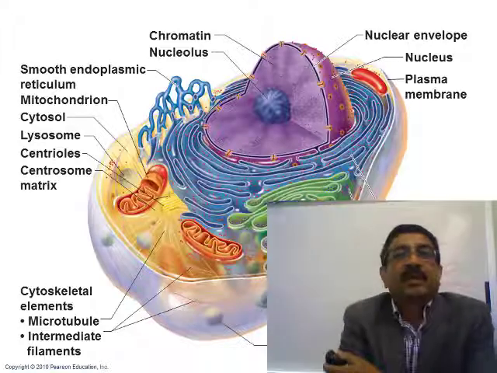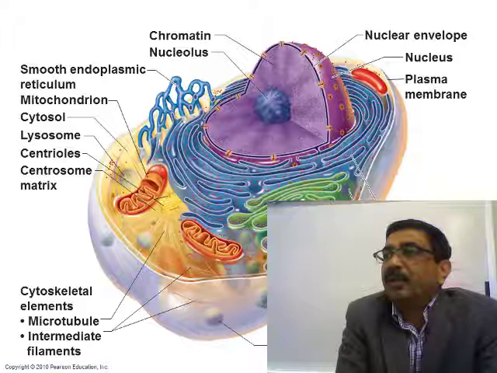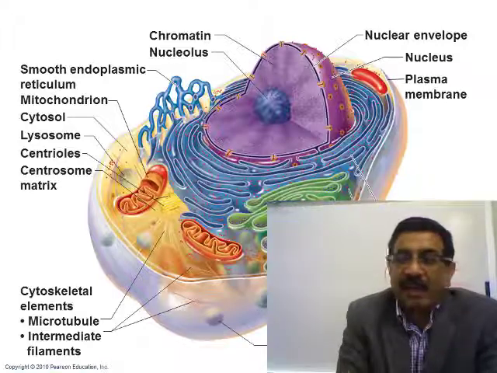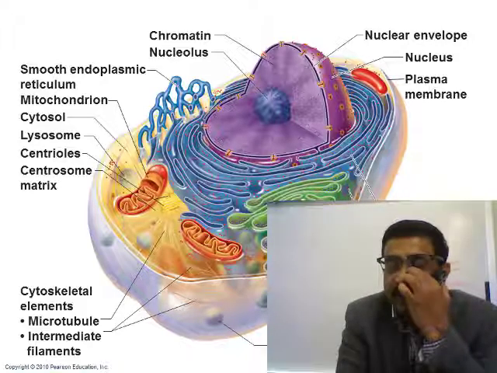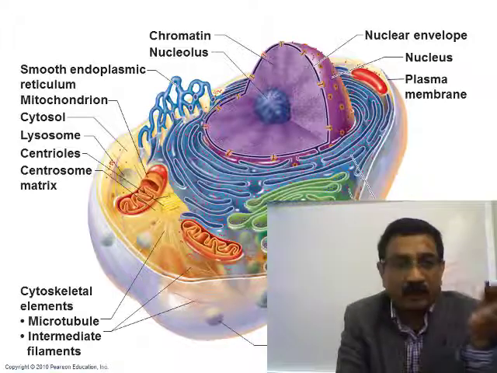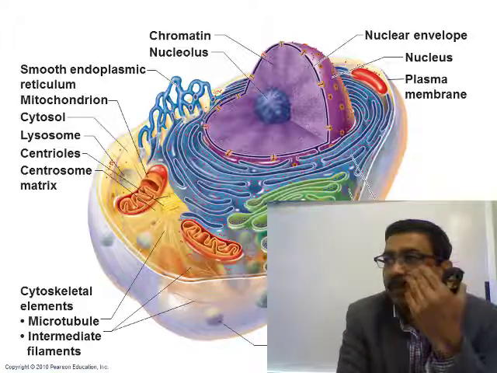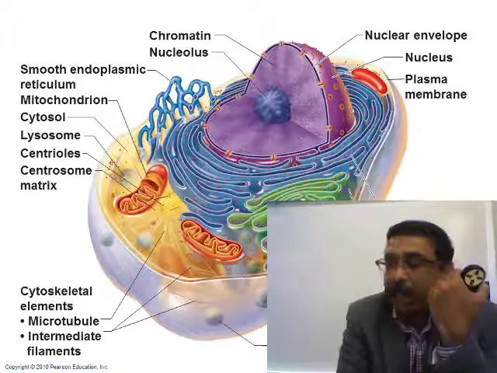So what are the membranous and non-membranous organelles? I'll just mention a few. You have learned definitely about the cell in your high school and intro bio, right? So we'll quickly go over, not in detail.